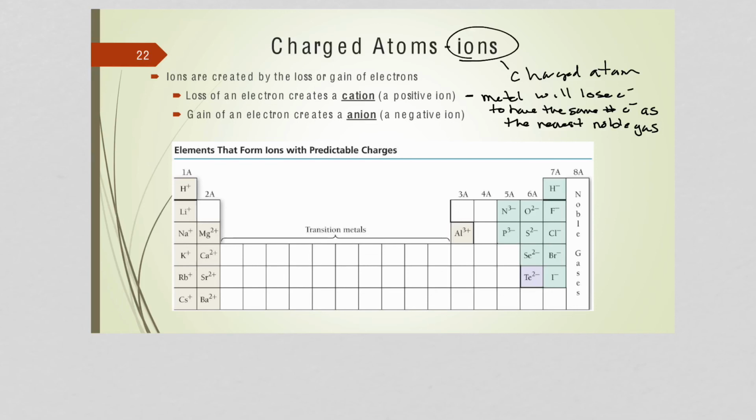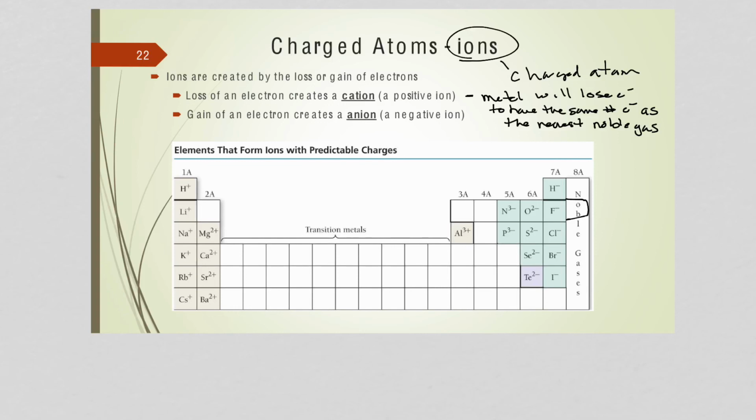And they're doing that so that they can have the same number of electrons as the nearest noble gas. So, for example, sodium, element number 11, with 11 protons and 11 electrons, will lose one electron to become like neon, which is right over here, which has 10 electrons.